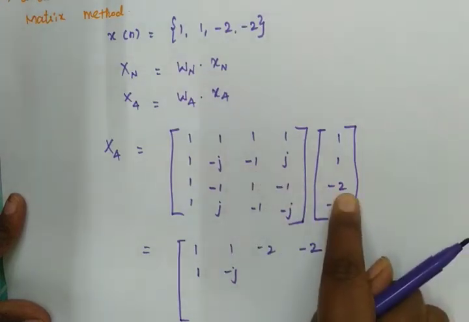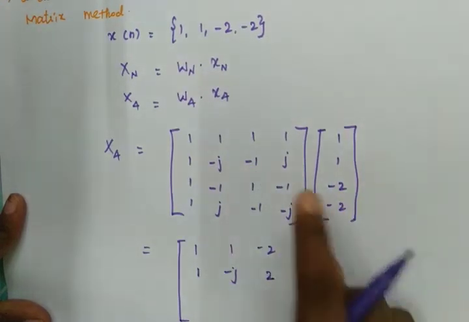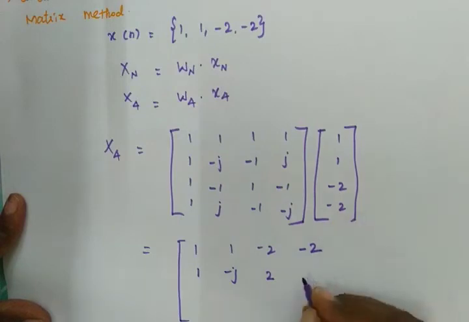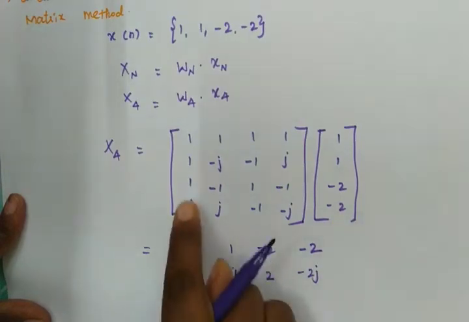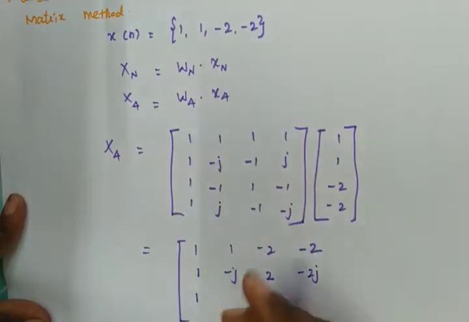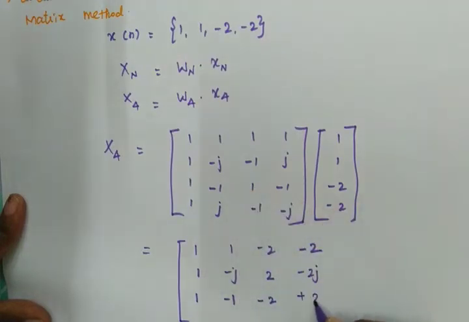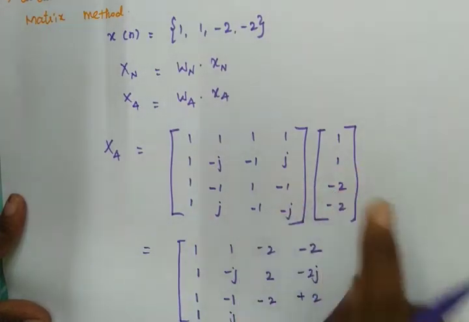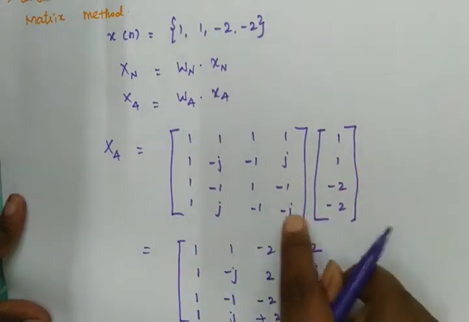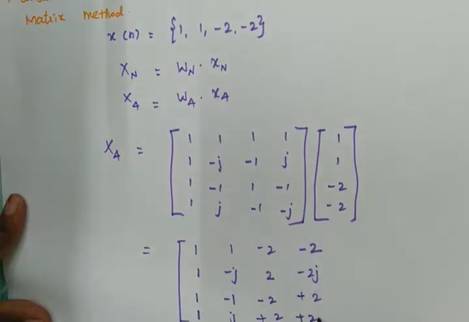Minus 1 into minus 2, that is plus 2. j into minus 2, minus 2j. Next 1 into 1, minus 1 into 1. 1 into minus 2, minus 2. Minus 1 into minus 2, plus 2. Next 1 into 1, 1. j into 1, plus j. Minus 1 into minus 2, plus 2. Minus j into minus 2, plus 2j.